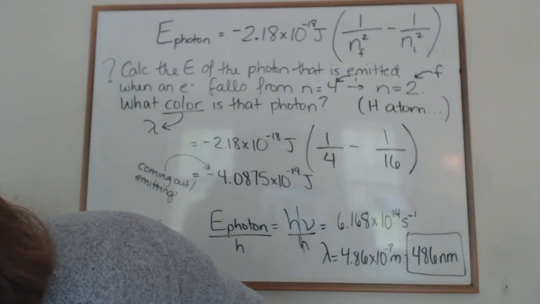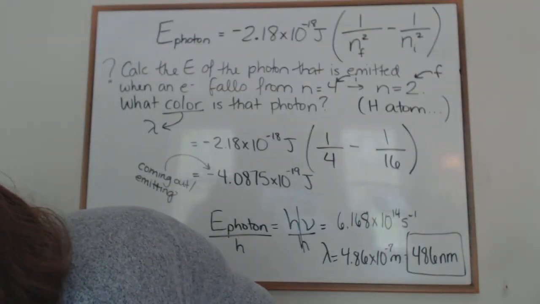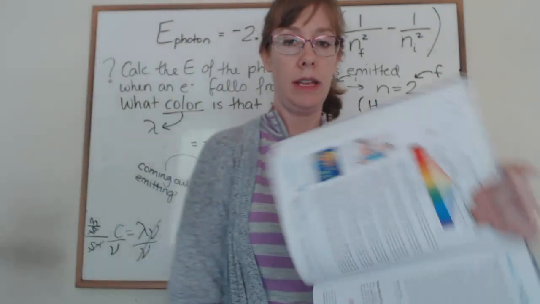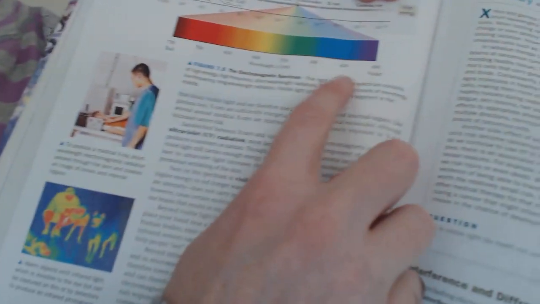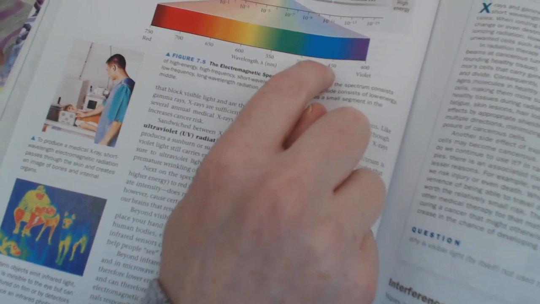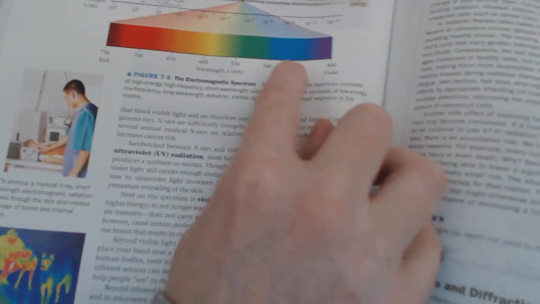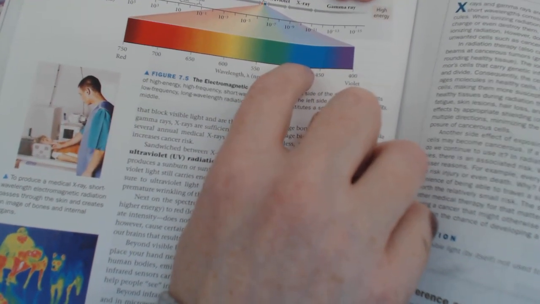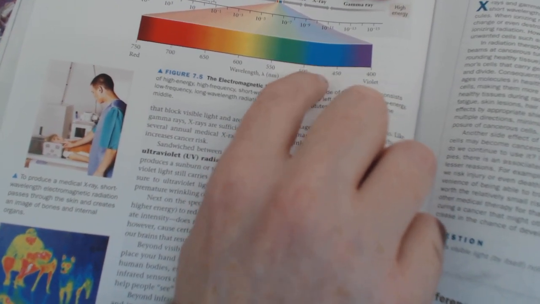If you look at your electromagnetic spectrum page, isn't this cool? 486 nanometers is between 450 and 500, and that I guess you could call blue. It's going to be a blue photon.